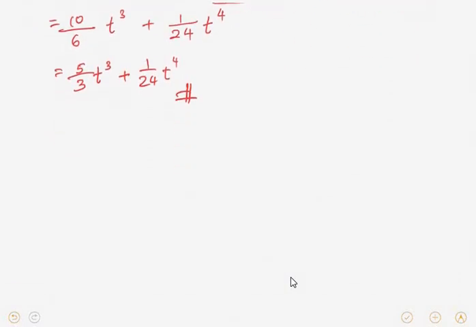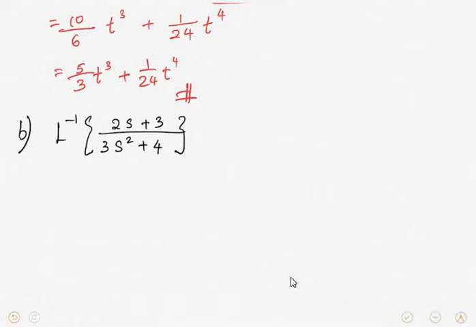Apart from this, I can share with you another example, which is the inverse Laplace transform of 2s plus 3 over 3s squared plus 4. If you look at the question here, 3s squared, usually in the table of Laplace transform we don't have any 3s or any constant times s.